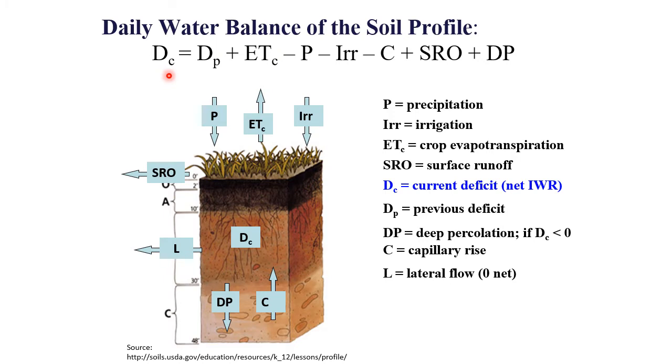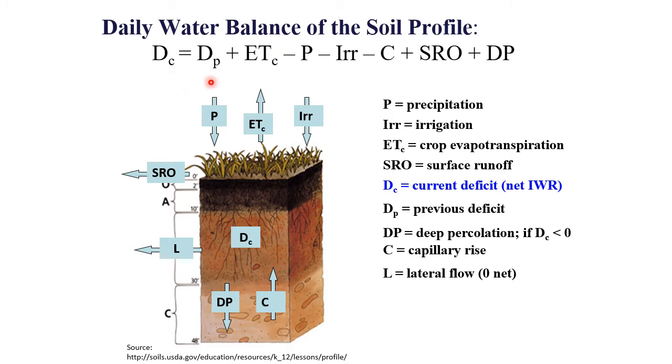This deficit is referenced from field capacity. If the soil water content is at field capacity, where the soil is holding as much water as it can against gravity, then there is no deficit. As the water content of the soil drops below field capacity, the deficit builds up.